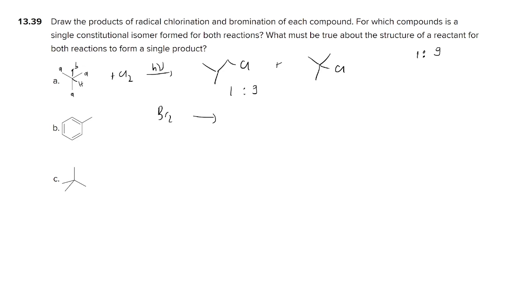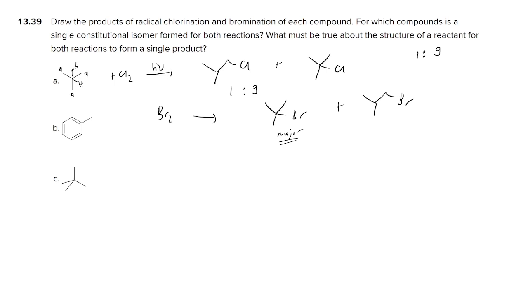Tertiary is going to be much more reactive in the bromination reaction. So potentially this product will be the major product. Probably we will have a minor product of the primary carbon bromination, but this is going to be the major product. Most probably it's going to be almost like 99%. Okay, so that's the first option.